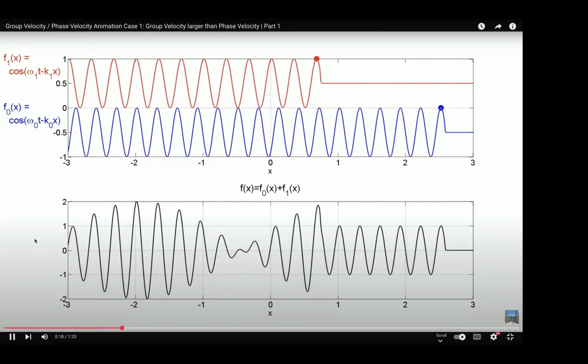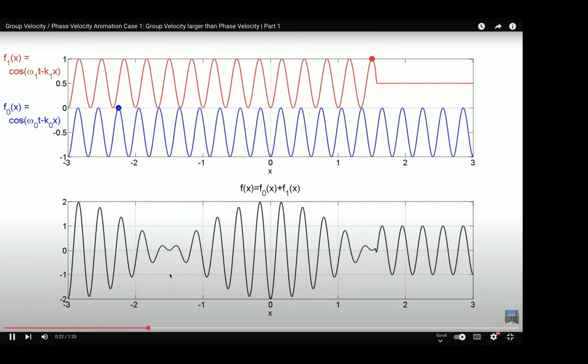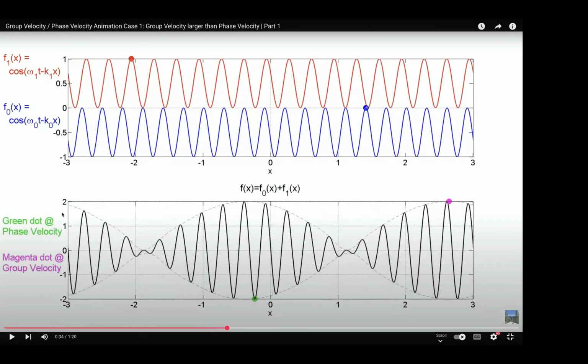Now, at some point, may lilitaw na, forward ko ng konti. Yan. So, pause natin ng konti. So, yung green dot dito describes yung velocity ng individual na wave. And yung magenta na dot describes yung group velocity. And this, ang tawag natin dyan is a wave packet. Yan yung dinidescribe ng group velocity.